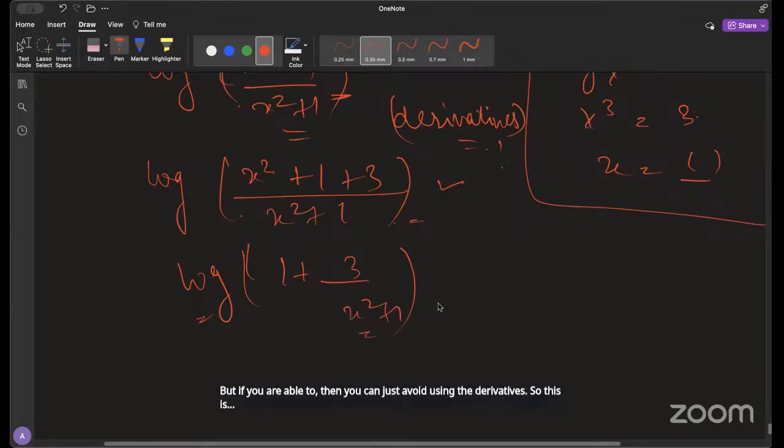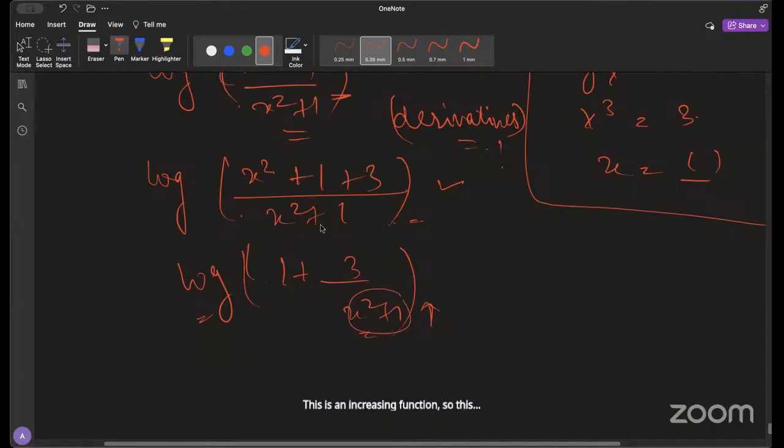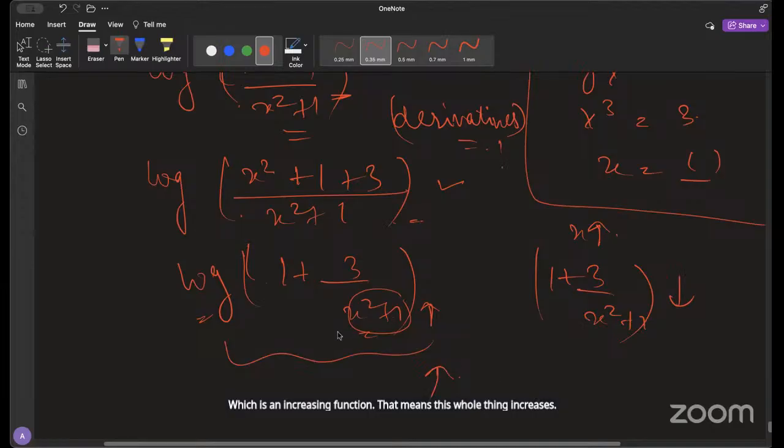So this is an increasing function. So this complete thing is a decreasing function and this thing is a decreasing function too. So if this is increasing, your 1 plus 3 by x, if it increases, this thing decreases, right? And this log is with base 10, which is an increasing function. That means this whole thing increases if the argument increases. Log of this increases.